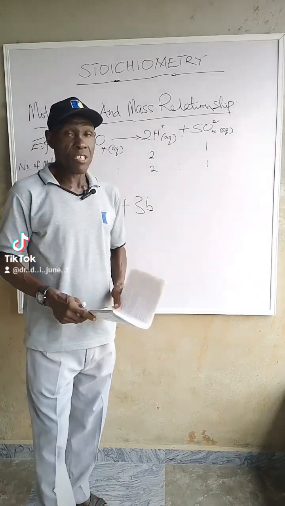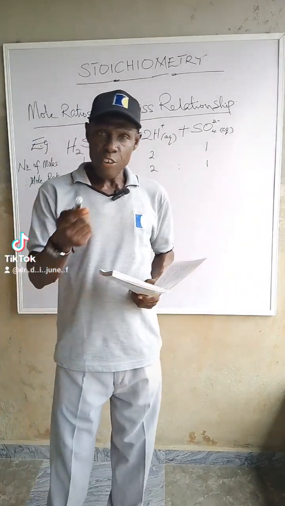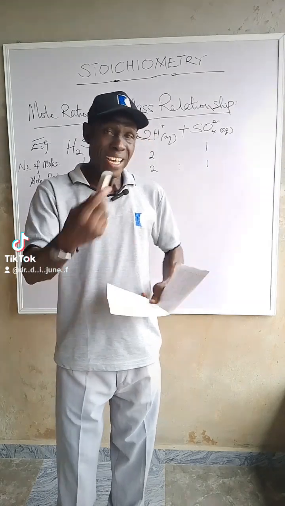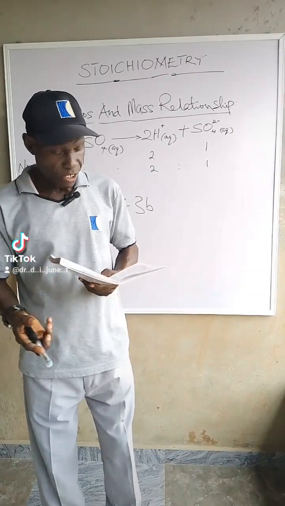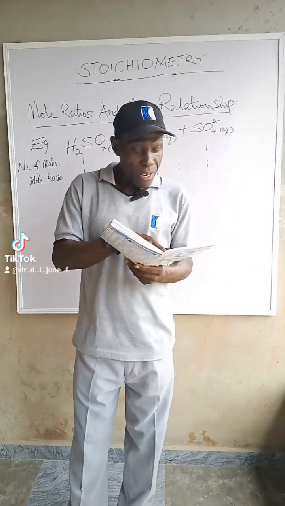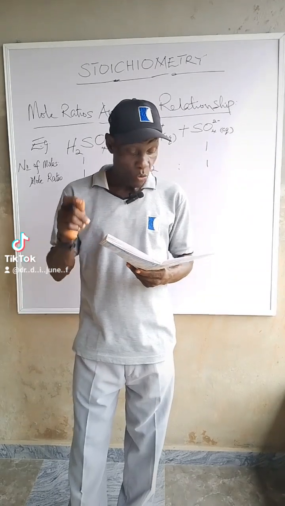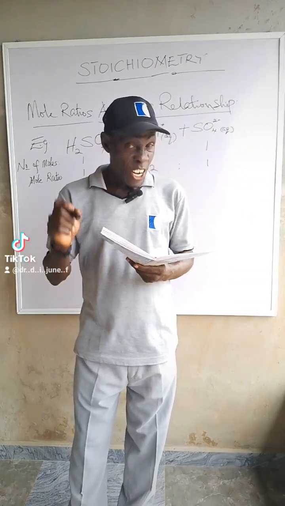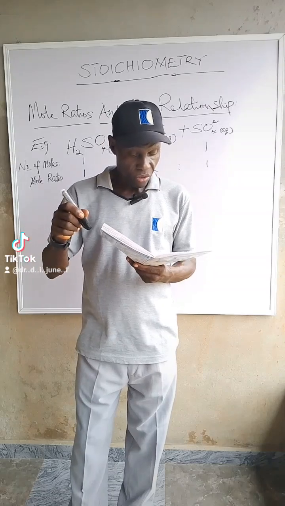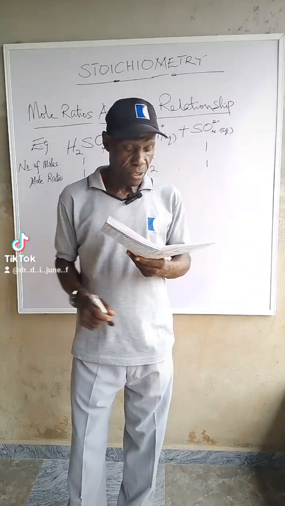That's what it means. So when you say a coefficient, it is a numeral or a figure that comes before an alphabet. So the numerical coefficients of a balanced equation represent what? The number of moles of reactants and products.